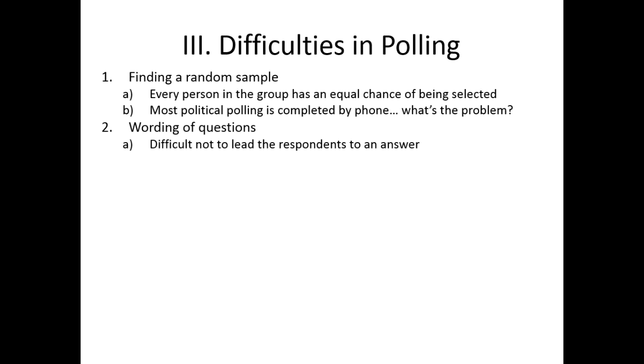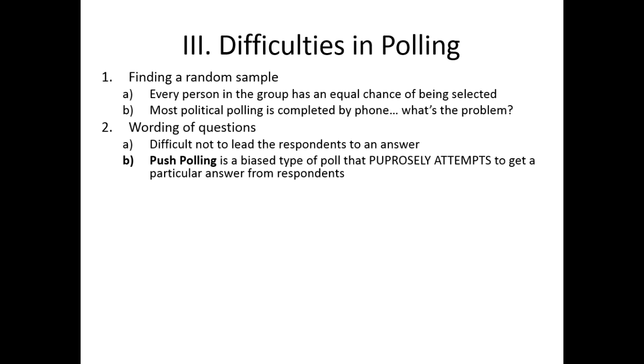Also, the wording of the questions is difficult because sometimes it's tough not to lead respondents to a particular answer. When they're doing polling, they have to be very careful with what specific kind of questions they're asking and what words they're using in the question. Push polling is when they're intentionally trying to lead people into answering something.